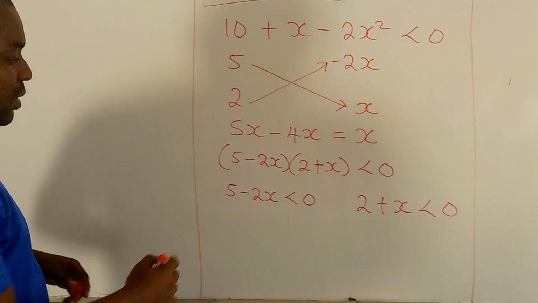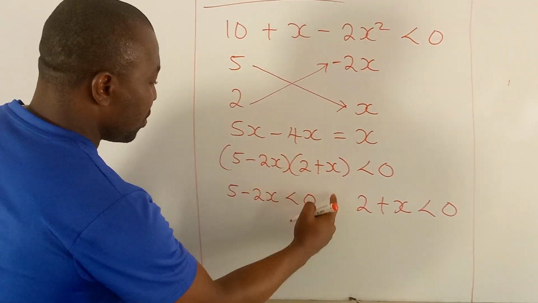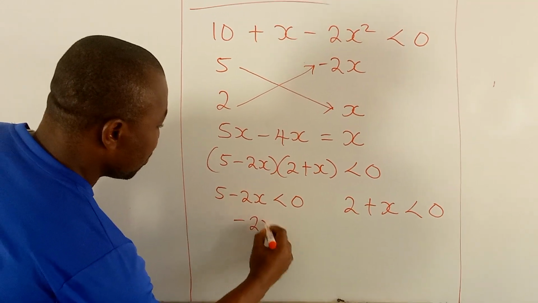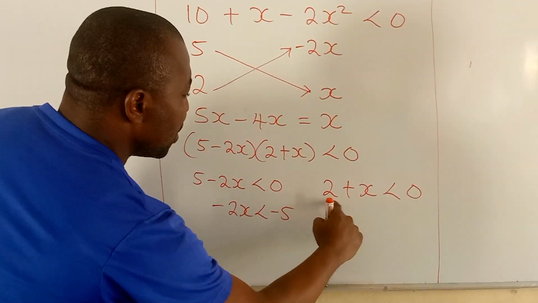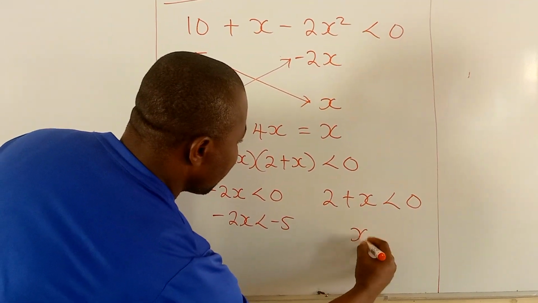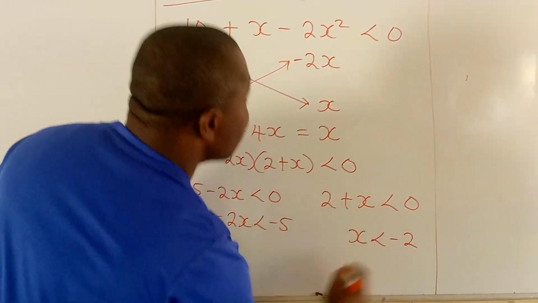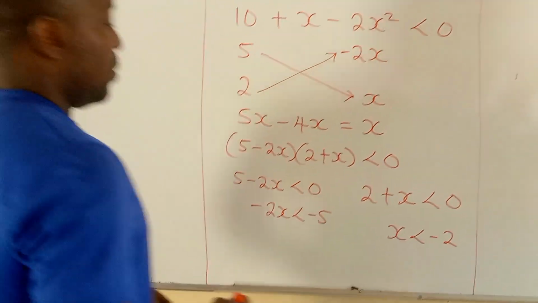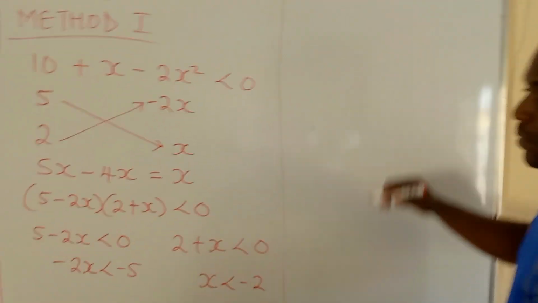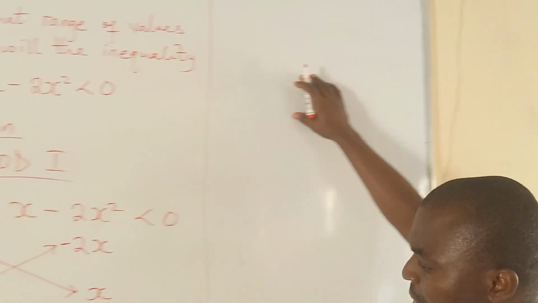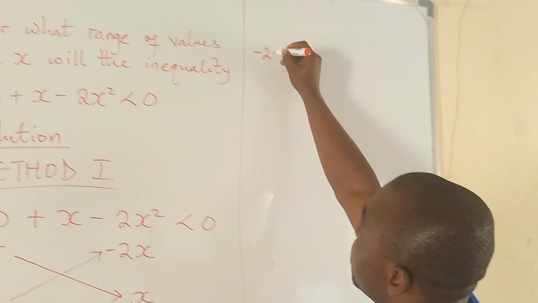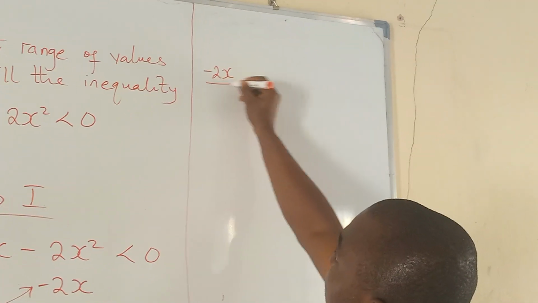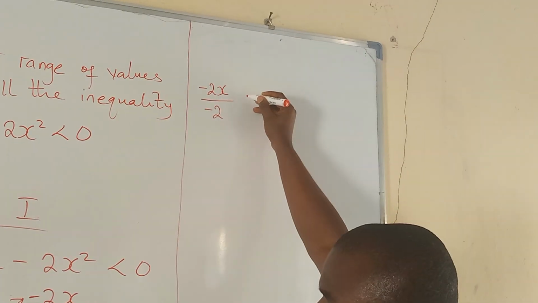Now the next thing we do is, when 5 crosses over to this other side, it will become minus 2x is less than minus 5. Leave a little space. When 2 crosses over to the other side, you have x is less than minus 2. Now, for us to have x, we divide both sides by, sorry, by minus 2. So minus 2x divided by minus 2.